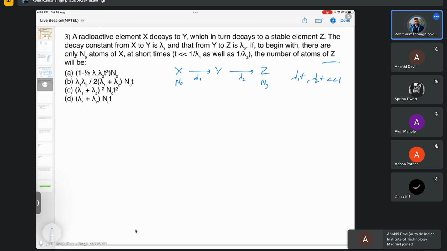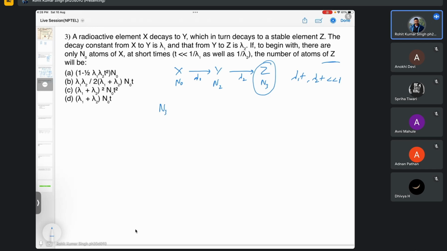I don't know if you are familiar with the formula for n3, but I will write it here.